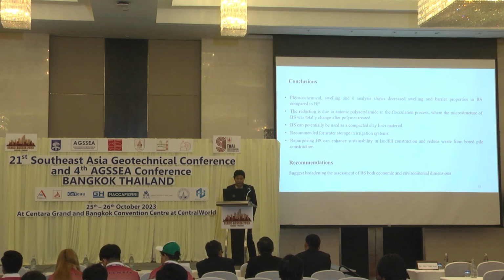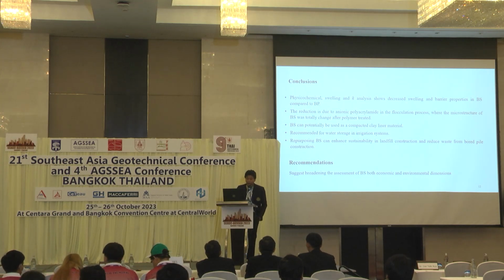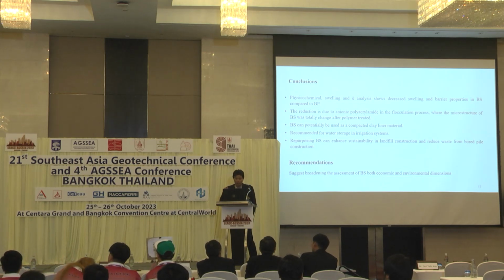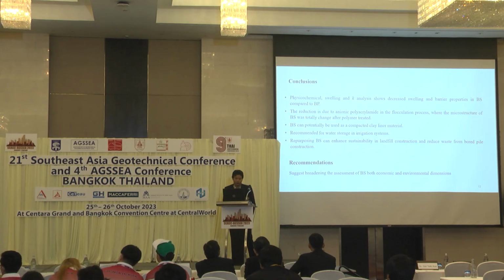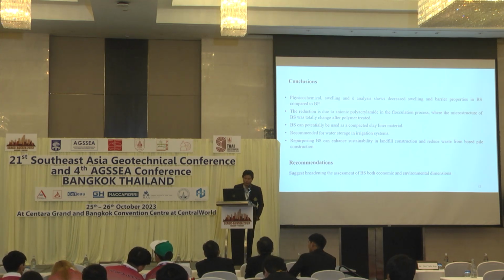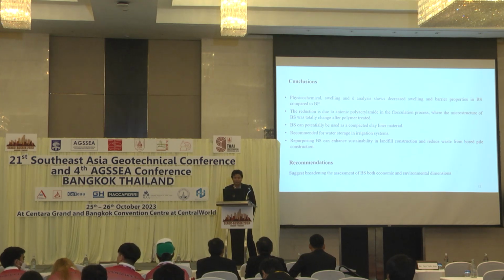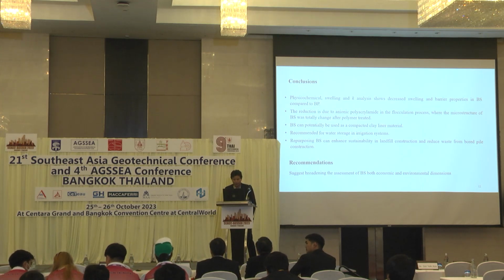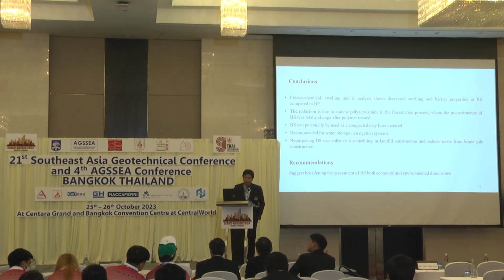And the BS can potentially be used for CCL material, because under the maximum dry density condition, the k value is less than 10 power minus 9 meter per second. So we recommend it be used for water storage irrigation. And by repurposing, using BS can enhance the sustainability in landfill construction and reduce the waste from bore pile construction.